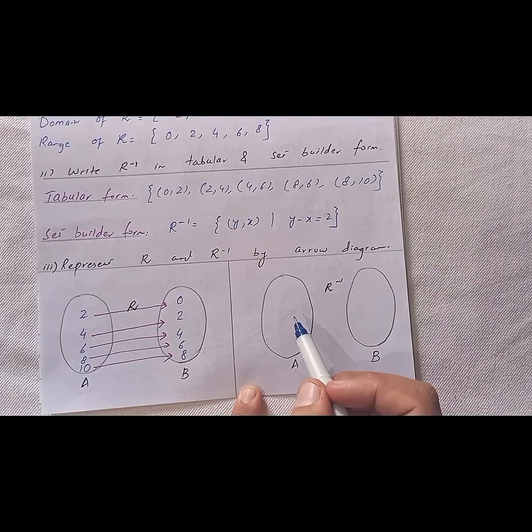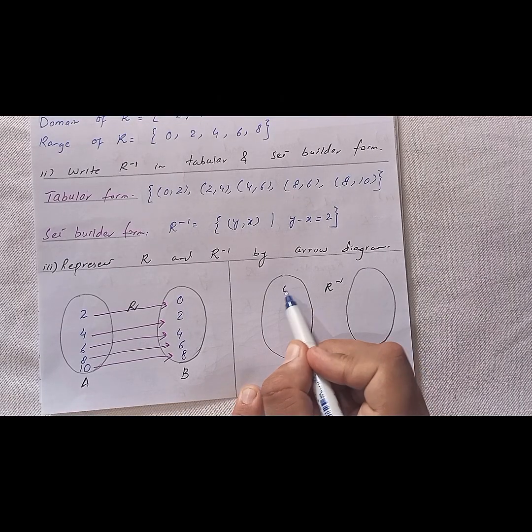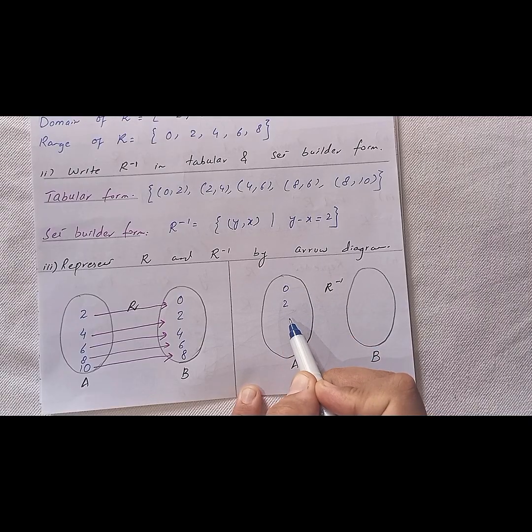The domain elements of R inverse are 0, 2, 4, 6, 8.